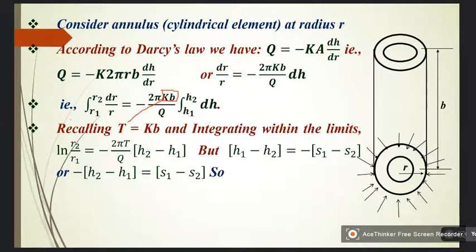Integral dr by r is log r. So when you substitute its limits, it will be log r2 minus log r1. So log R2 minus log R1 is log R2 by R1, equal to minus 2 pi T by Q, and integral dH is H.